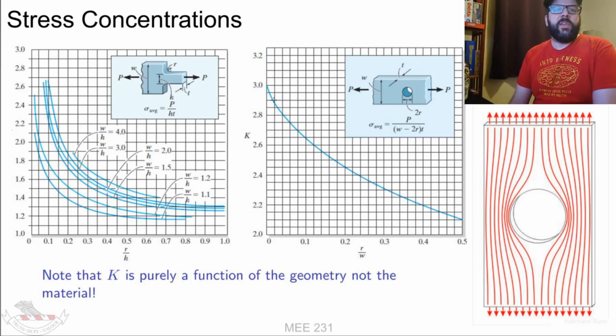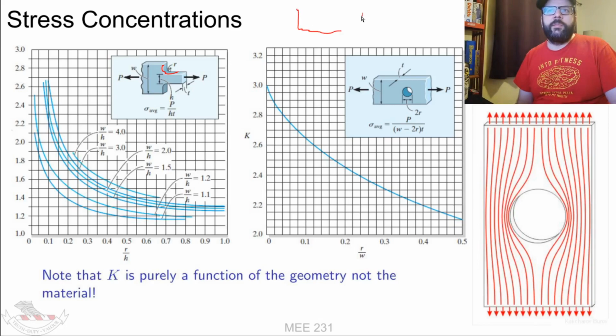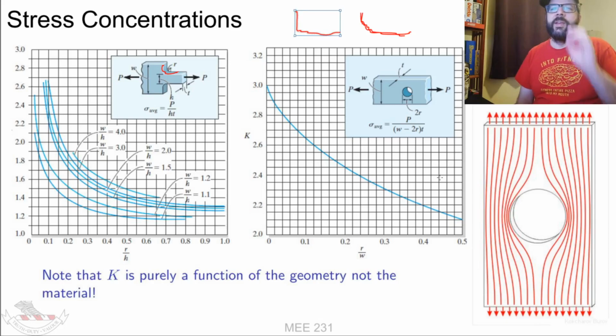So if you have really small fillets in your shoulder here, then that is going to cause a higher stress concentration. If you have something like this, it's going to cause a higher stress concentration than if you had something like this. Let's pretend that those are just curves, fillets. The more gradual your geometry change is, the lower the stress concentration is.